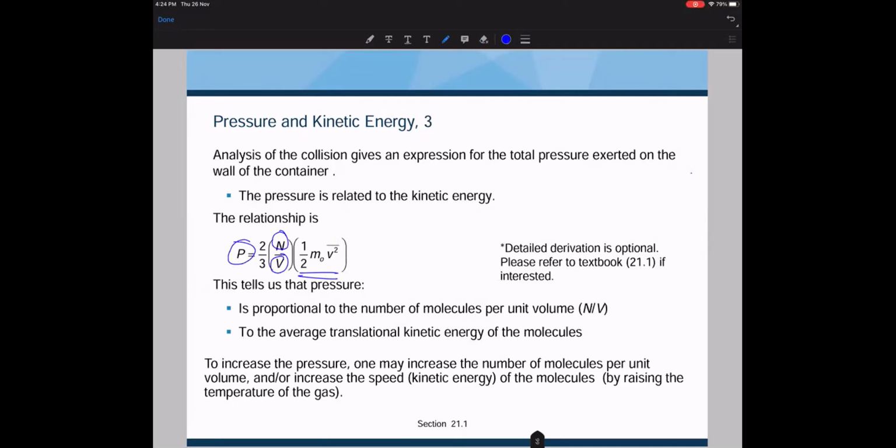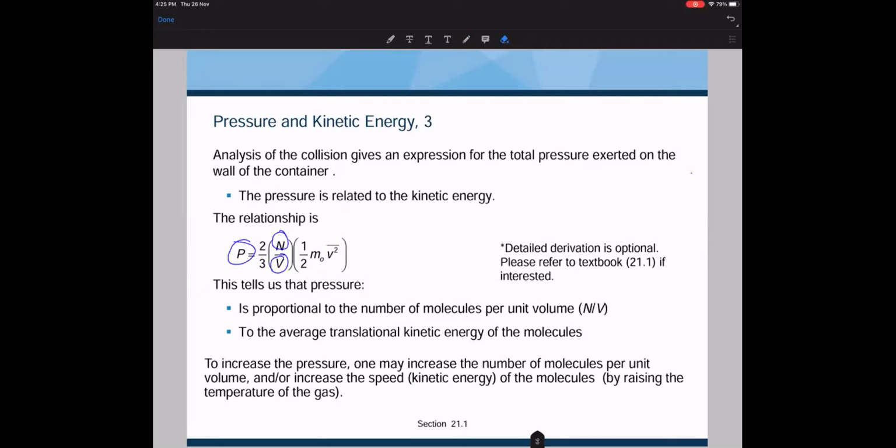Now, what is this value? m refers to the mass of each individual gas molecule. We assume at the beginning that all the molecules are identical, meaning that all the molecules have the same mass. And then we have a collection of these molecules. Each of them may have a different velocity, or each of them would have a different kinetic energy.